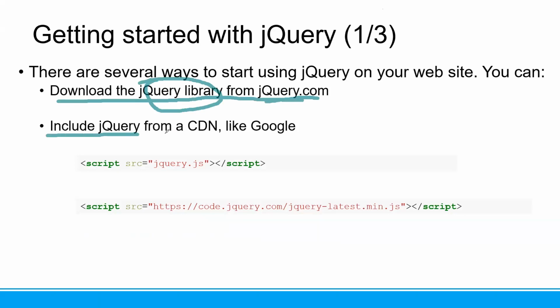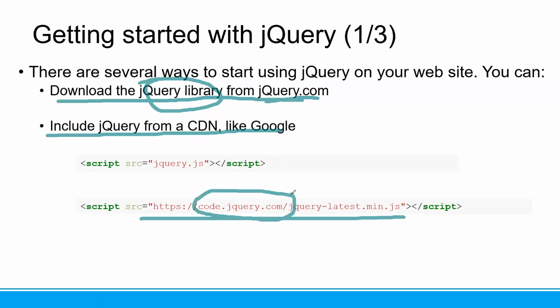Or you can use jQuery with a CDN. Instead of this one, Google or Microsoft also provide jQuery. So you can use the CDN from Google, the CDN from Microsoft, and so on.